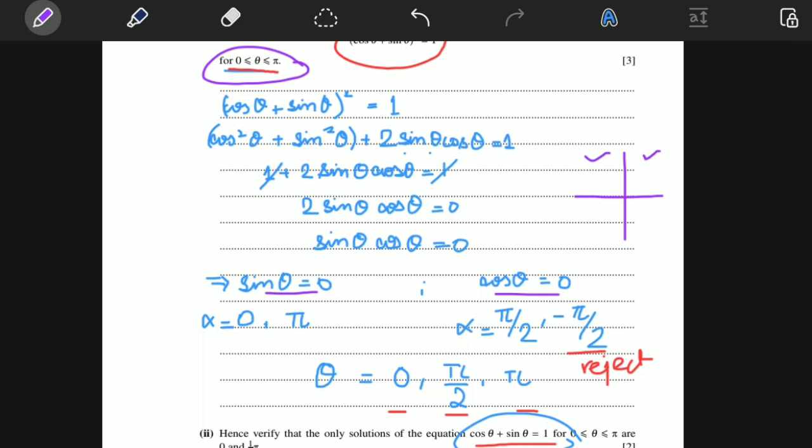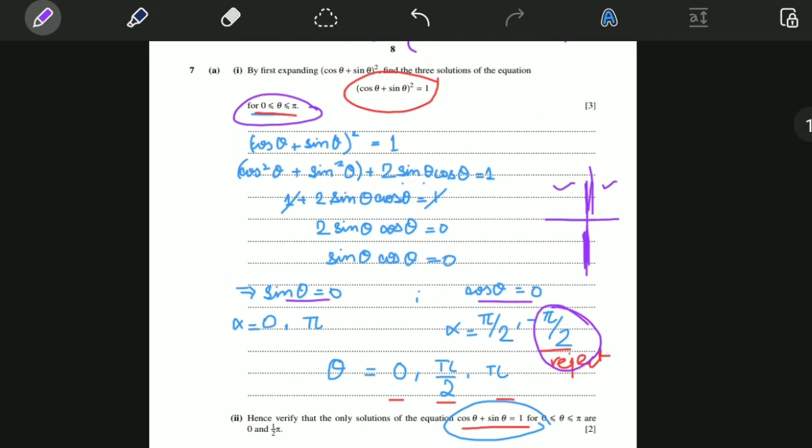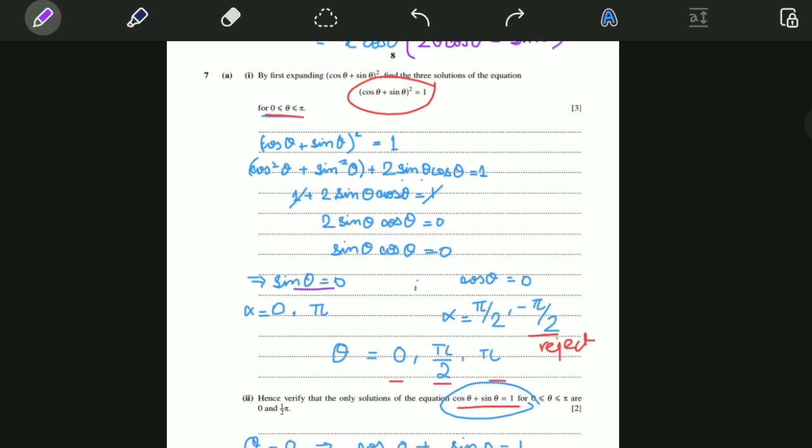And cos theta is 0 at pi by 2 and minus pi by 2, or you can call it 3 pi by 2. But we are going to reject this one because it is not going to come in our range. So we have three solutions, as they said in the question: 0, pi and pi by 2. So look at this. I hope you'll understand this.